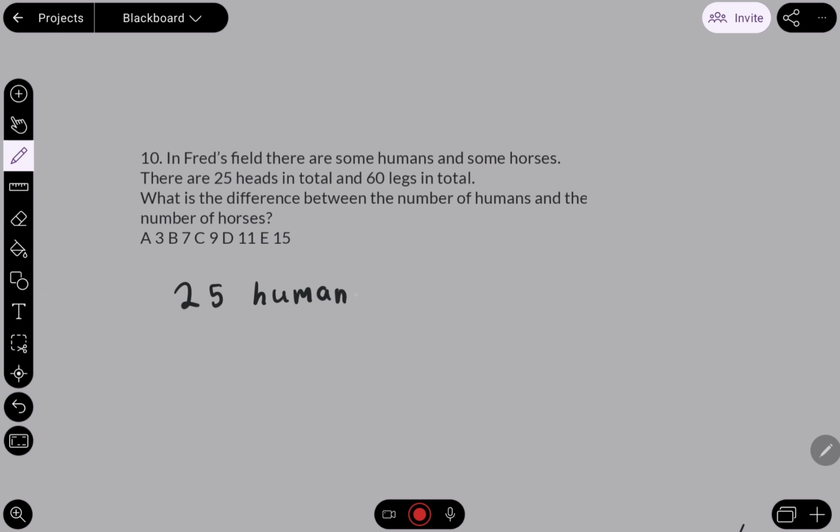If there are 25 humans, there would be 50 legs because for each human, there are 2 legs. But unfortunately, that is 10 less than what we want. So, those 10 legs must come from the horses.